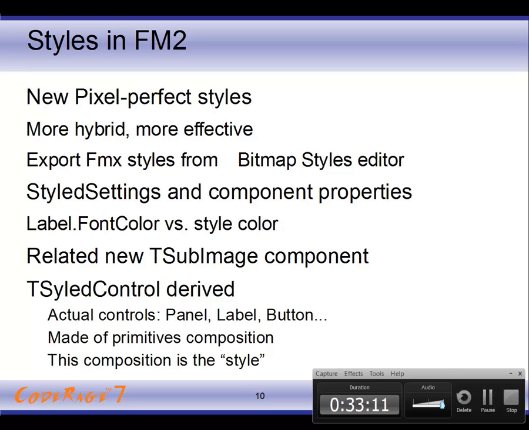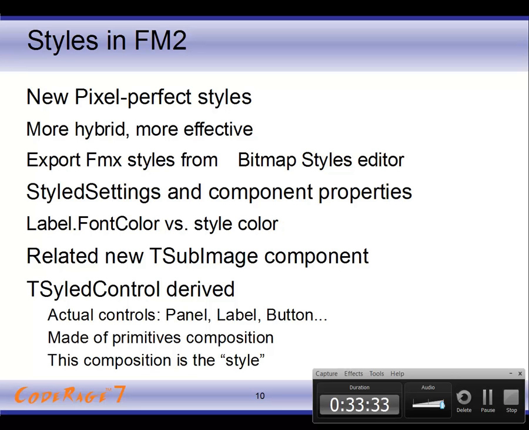There's a new family of styles that are actually the default ones that change the internal architecture. For example, buttons are not based on the same structure anymore, but they're based on bitmaps, actually portions of a very large bitmap that comes with the style. To create a new bitmap style or pixel perfect style, you can use the bitmap styles editor, which is shared with the VCL, and export an FMX style from that editor.